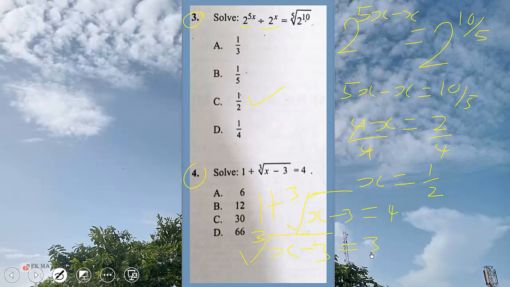Now we cube both sides. So we are going to get cube root of x minus 3 all cubed is equal to 3 cubed. Now 3 cubed is 27, and the cube will cancel the cube root. We have x minus 3 is equal to 27. x equal to 27 plus 3, which is 30. So the correct answer is C.